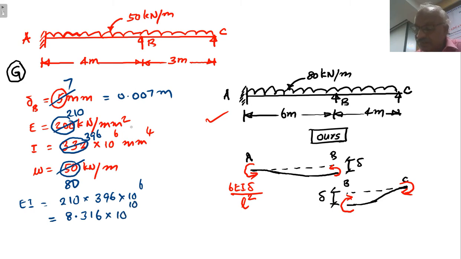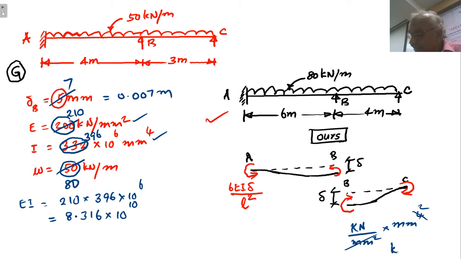This is given in terms of kilonewton per millimeter square, and this is millimeter to the power 4. Therefore, one is in terms of kilonewton per mm square and the other value is in terms of mm to the power 4. So, we will be getting the value in terms of kilonewton millimeter square.